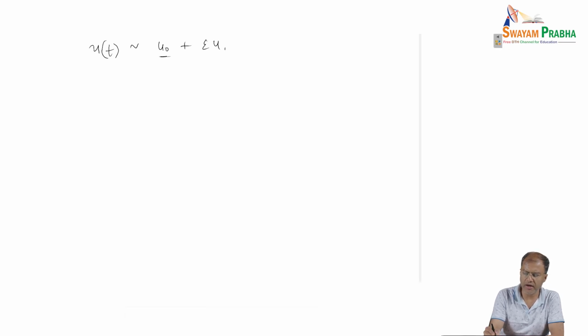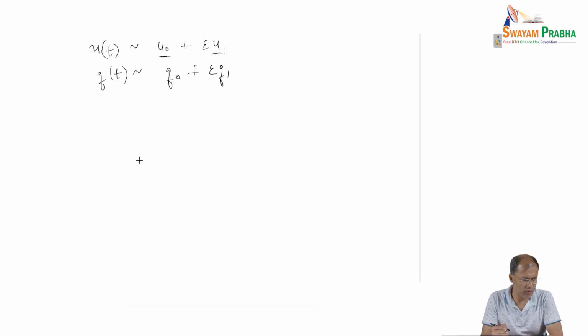We can plug in the values of u0 and u1, which we just found by solving the order epsilon to the power 0 and epsilon to the power 1 problems. And similarly, q of t is q0 plus epsilon q1, and so on.